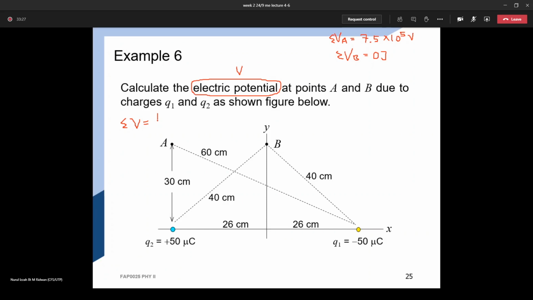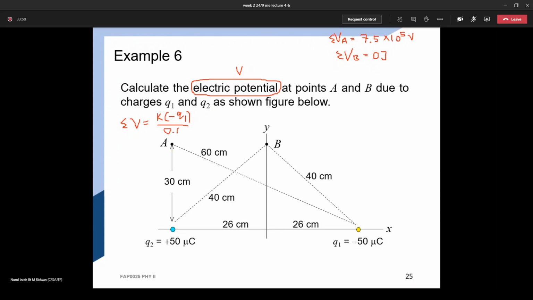That's it. So put it in the calculation. k, Q1 is negative, so negative Q1 over the distance. What is the distance? The distance between point A and charge 1 is 60, but change it to meters.